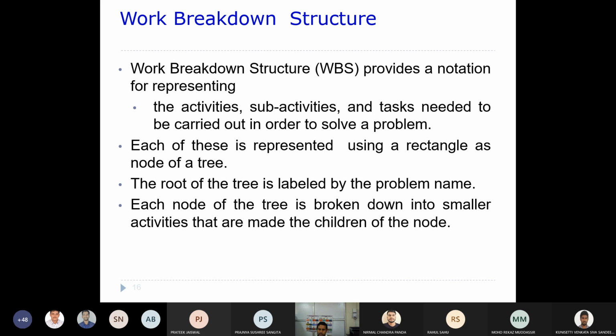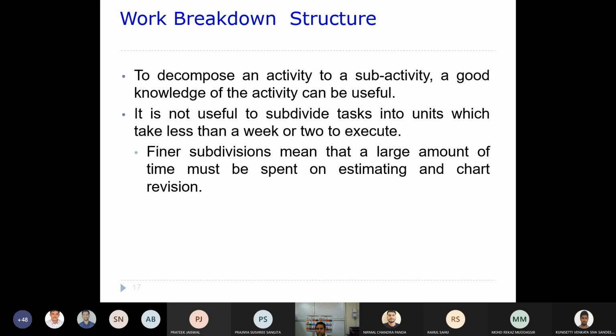These activities will be further divided into smaller sub activities, and we decompose those sub activities in such a way that we finally reach a very small unit of work, which usually will take 1 or 2 weeks to execute. Finer subdivisions mean that a large amount of time must be spent on estimating and chart revision.